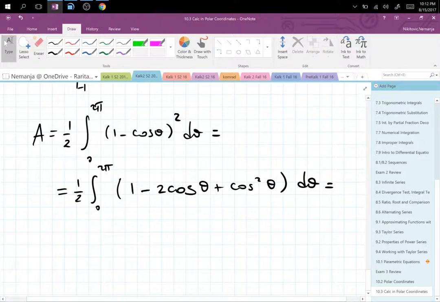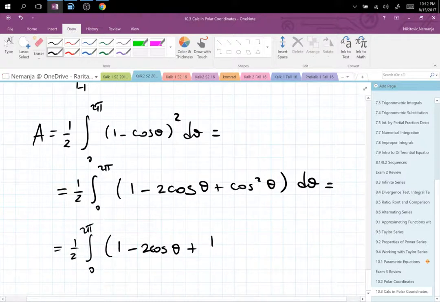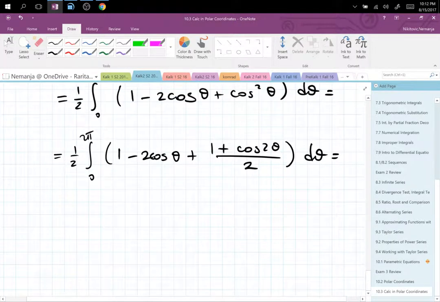And what you see, that last term over there, cosine squared, we are going to use the half-angle equation to simplify it. So we have 1 minus 2 cosine theta plus 1 plus cosine 2 theta, everything over 2, close parenthesis d theta. We can integrate. We have basic integrals.